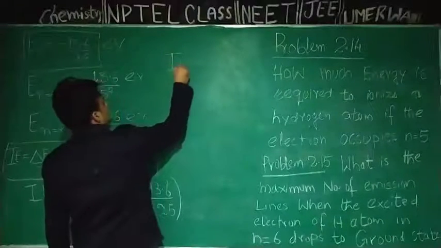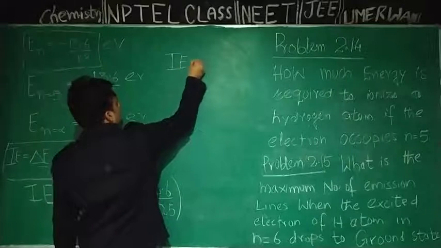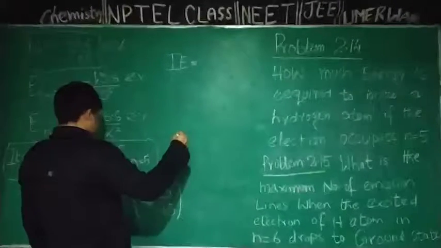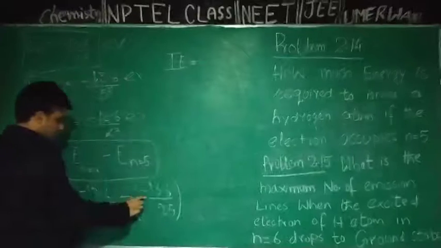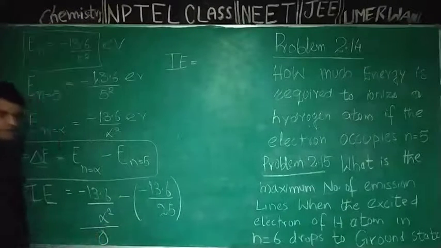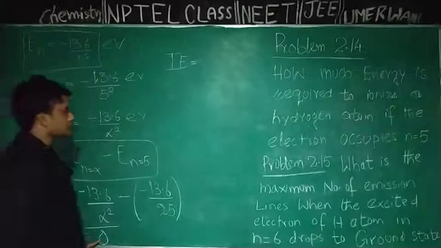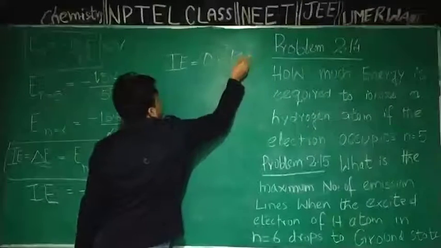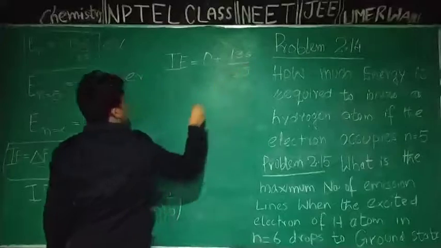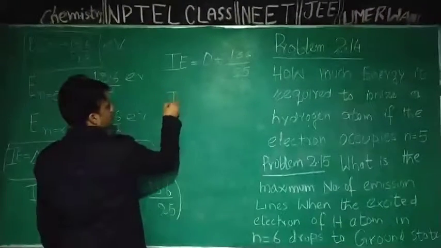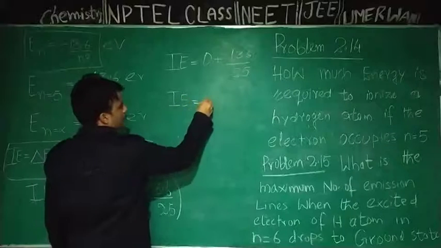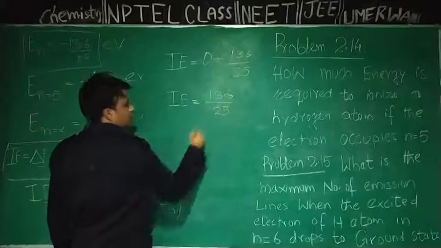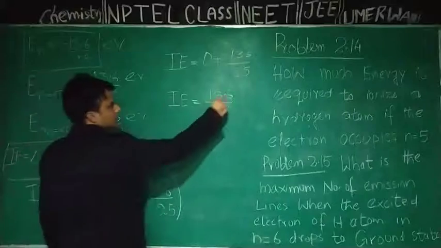I may write the ionization energy of the hydrogen atom, in which the electron is to be taken from its fifth orbit to some infinite position, as equal to: this term becomes 0 since 1 by infinity is 0, so 0 minus minus, which gives plus 13.6 divided by 25, which is the square of 5, the fifth orbit, in electron volt.